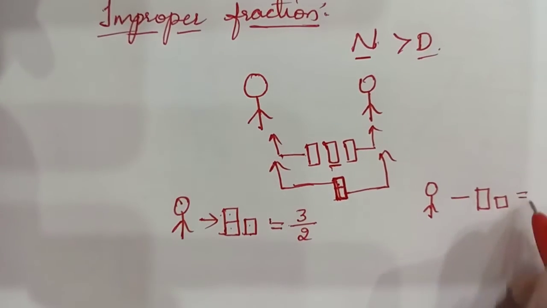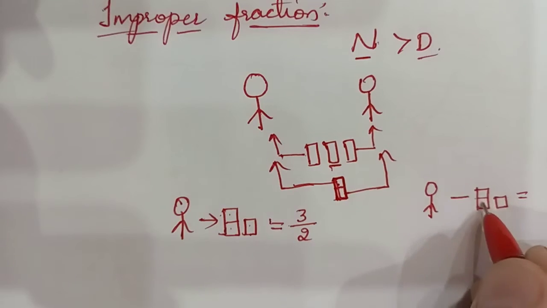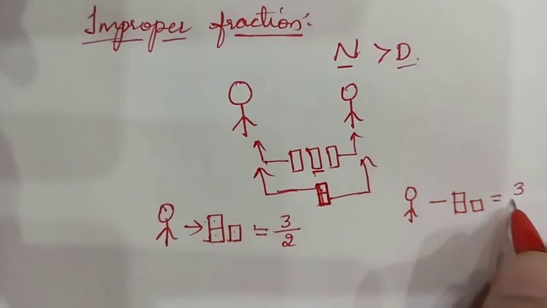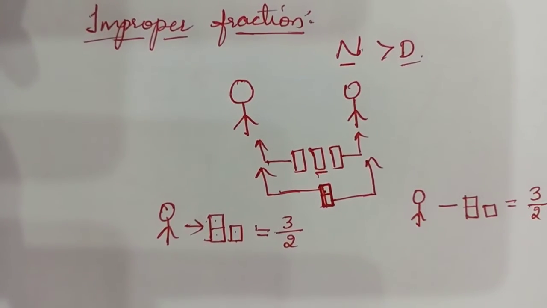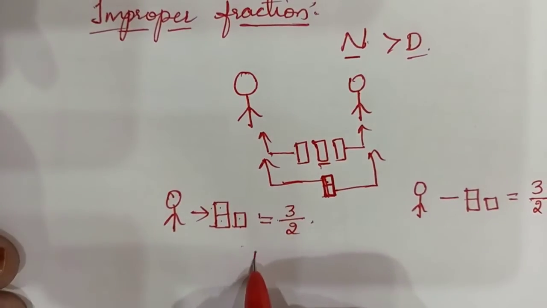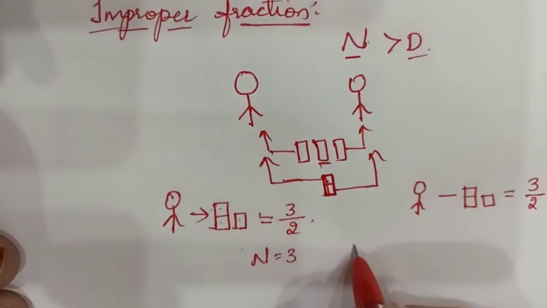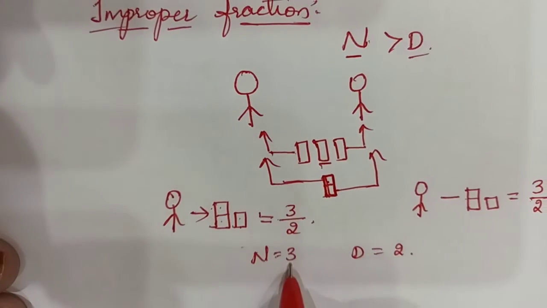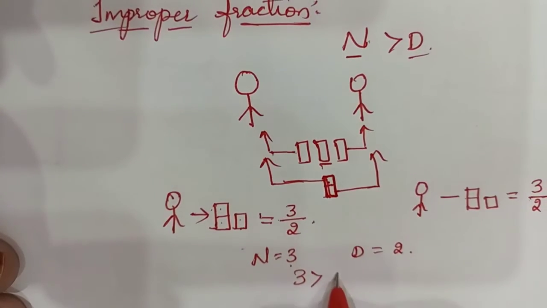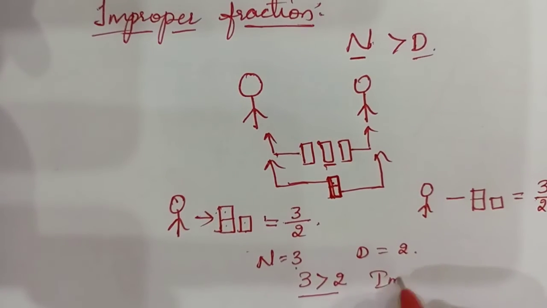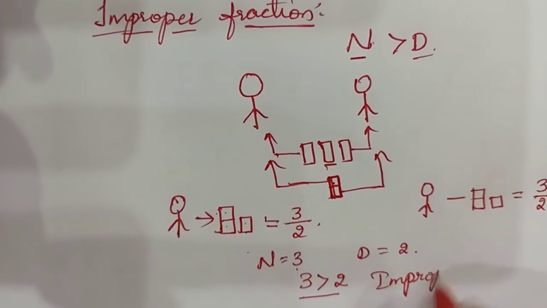For the second child also, we have made one, two, and three parts out of two parts. Clear? Now 3 by 2. Here the numerator is 3 and the denominator is 2. Numerator 3 is greater than 2.